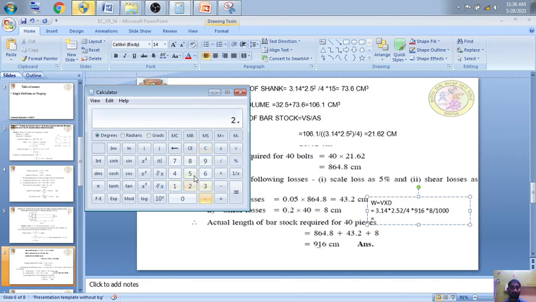So 3.14 into 2.5 square divided by 4, into the length 916, into 8, which is the density, divided by 1000, equals 35.953.